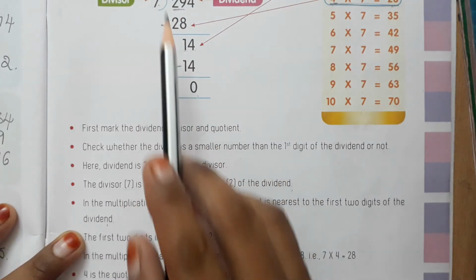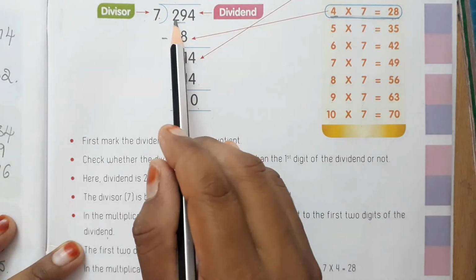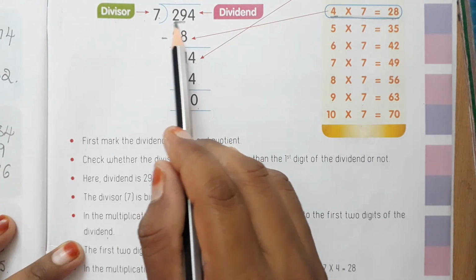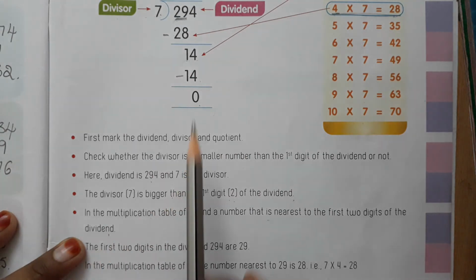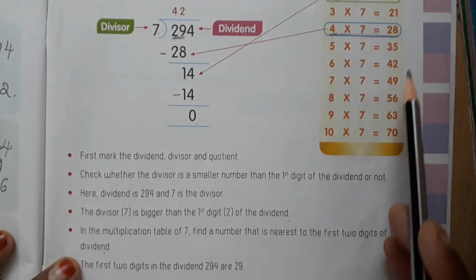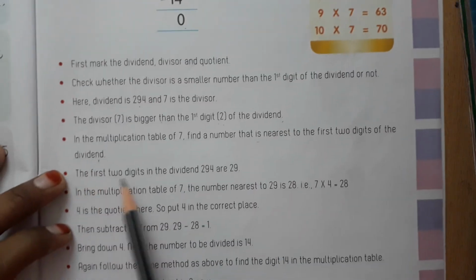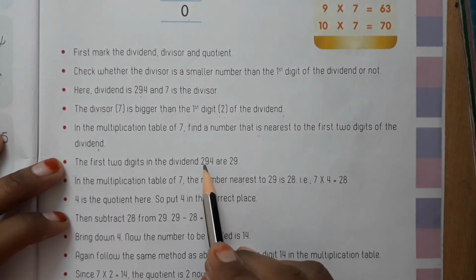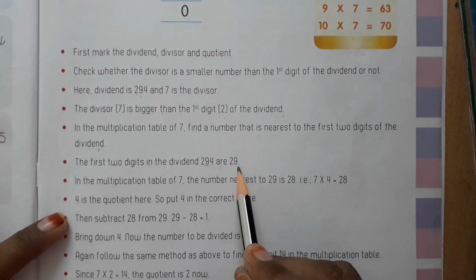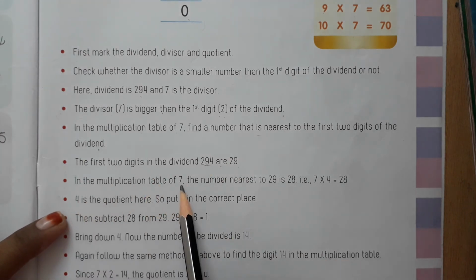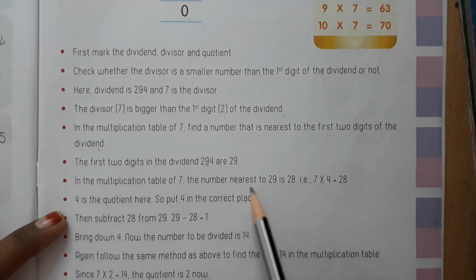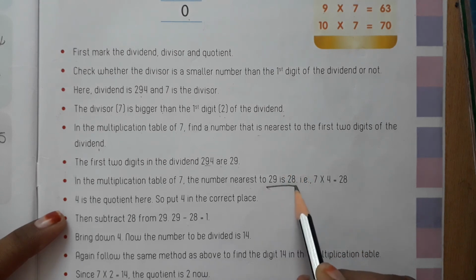2 divided by 7 not possible, so take the next place, that is the 2-digit number 29, and check which number is nearer to 29. The first 2 digits in the dividend 294 are 29. In the multiplication table of 7, the number nearest to 29 is 28.